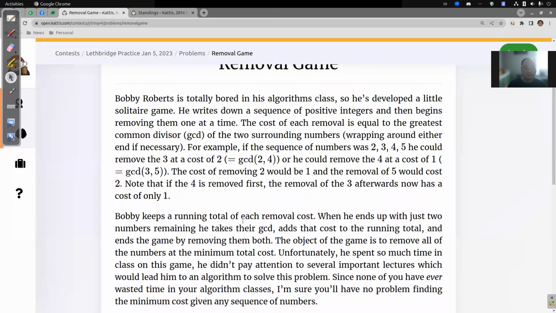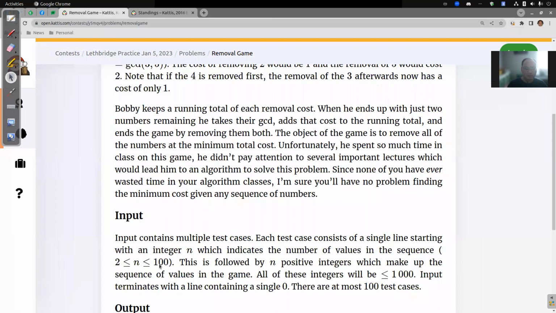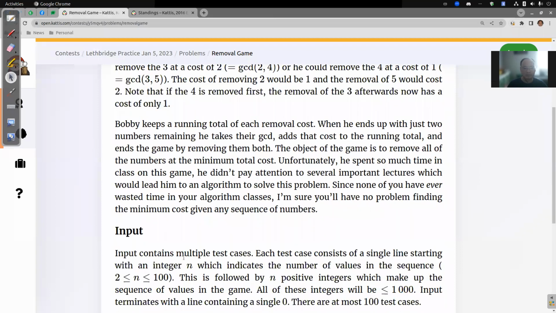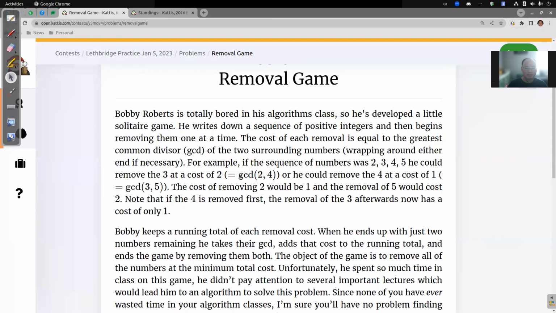And basically the removal game is you start by removing some number in the middle. Or actually it could be the front or the back, doesn't matter. And the cost of removing that number is the GCD of the 2 numbers that are next to it. So when you remove one number, you will get 1 fewer. And you keep doing this until you have 2 numbers left.